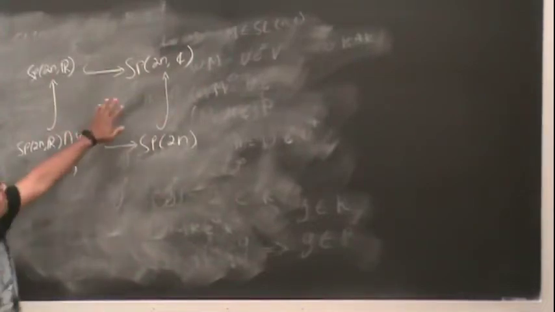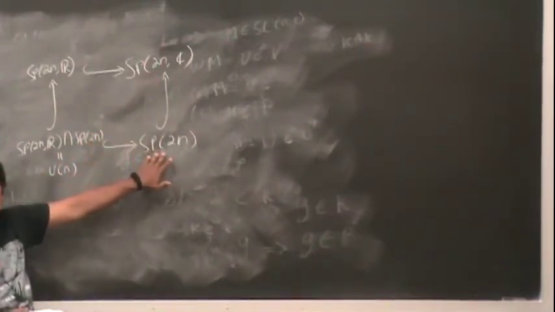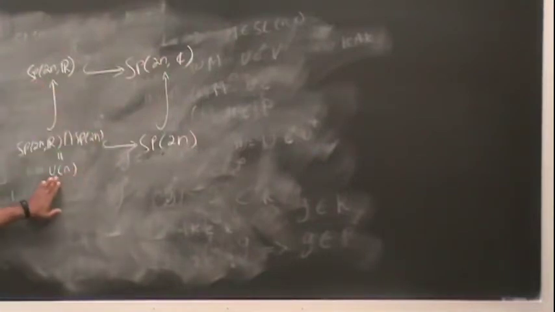So you start with Sp(2n,C), which is a complex form. You take its maximally compact subgroup, which is Sp(2n). You take another real form, Sp(2n,R), and take its intersection, U(n). The reason I'm specifying this is because we are familiar with this, where n denotes the number of bosonic modes.